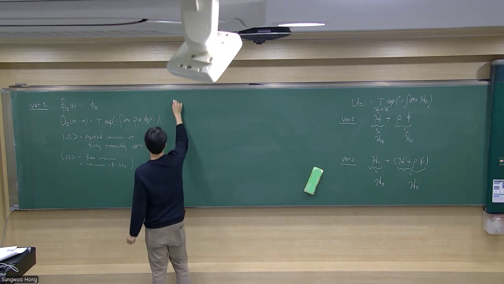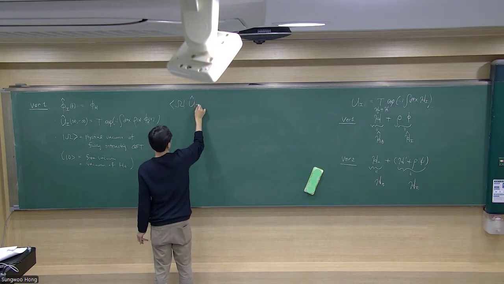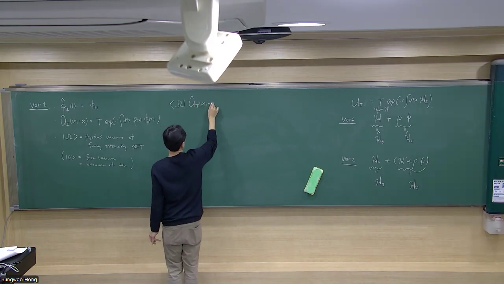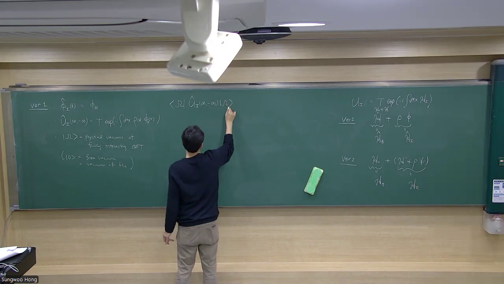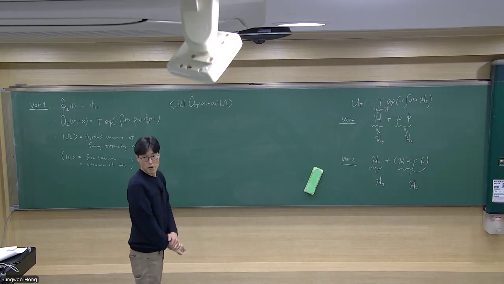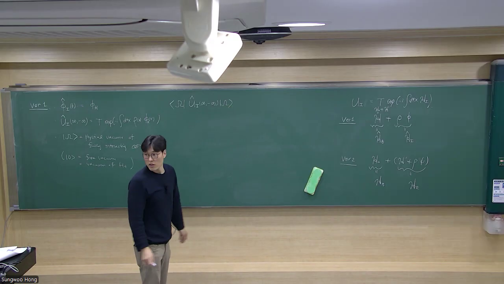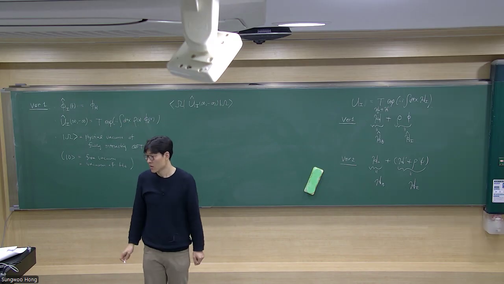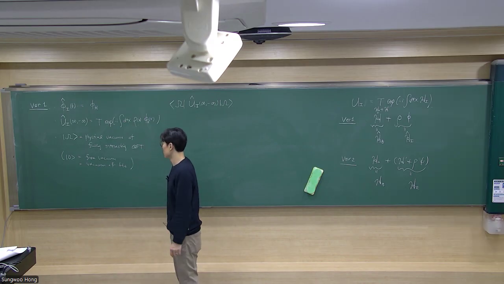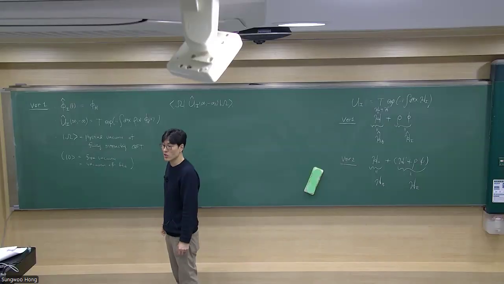Okay, so with that set up, we want to look at the vacuum to vacuum transition amplitude. So we're going to look at this, right? The physical vacuum. If you have QCD, you can ask what is the vacuum of QCD. If you have a Sungwoo-Hong theory, you can ask what is the vacuum of the Sungwoo-Hong theory. What is the difference between the two?